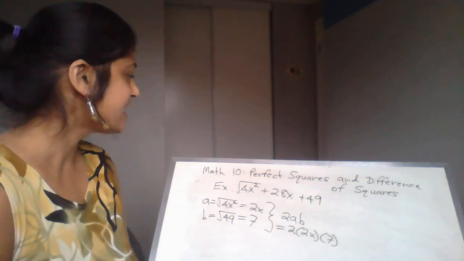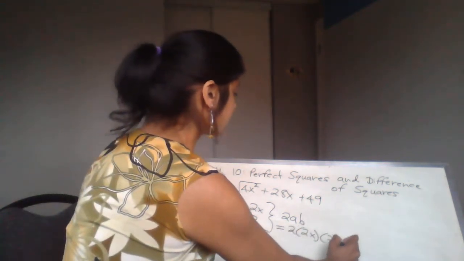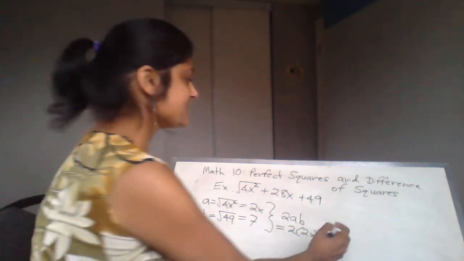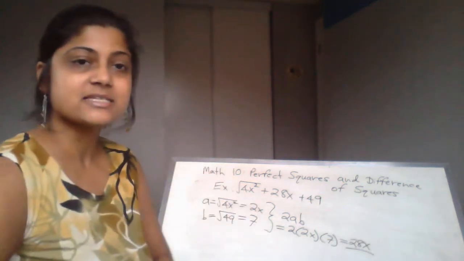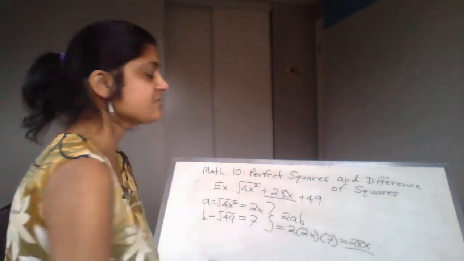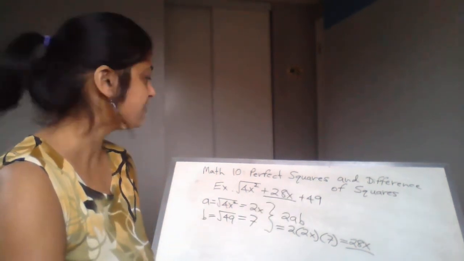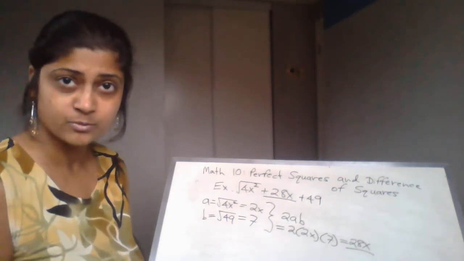When I multiply all of these numbers together, I'm getting 2 times 2 is 4, 4 times 7 is 28, so I'm left with 28x. I noticed that this is actually the middle term within my equation, positive 28x. So this is just to show that this is a perfect square trinomial.